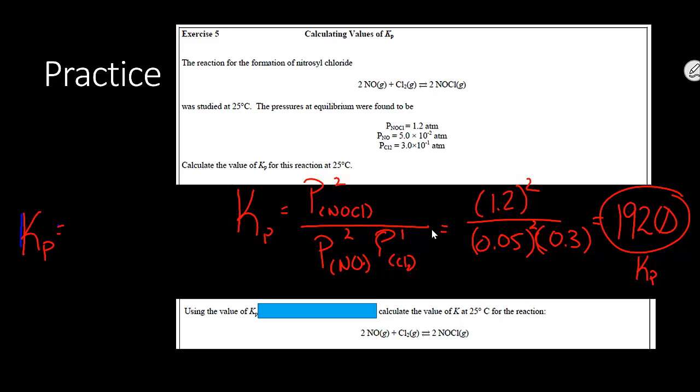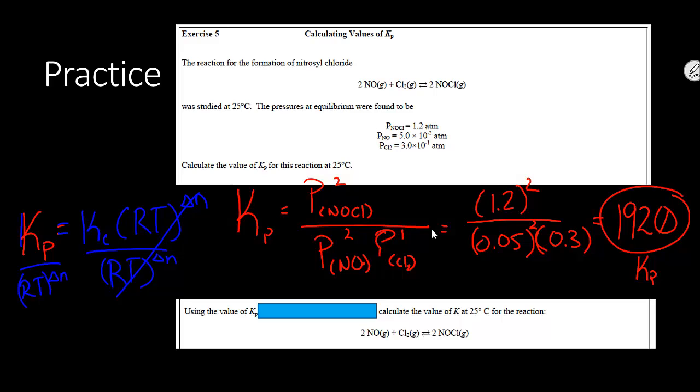So Kp and Kc are related by our politically correct formula, where Kp equals Kc times RT raised to change in moles of gas. In order to get Kc by itself, I'll divide by RT to the N on both sides.